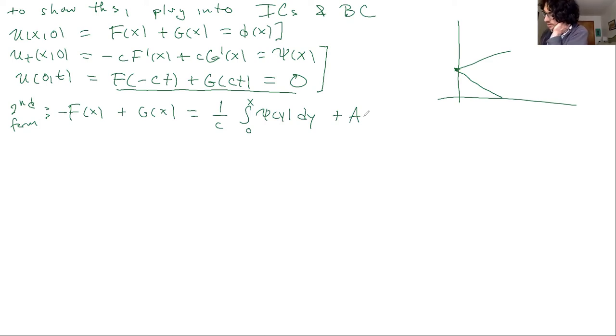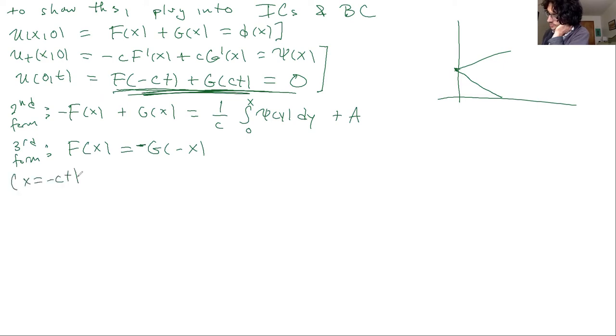Second thing I'll do is I'll note that f of x is equal to minus g of minus x, according to this formula, right? What did I do? I just replaced x with minus ct.